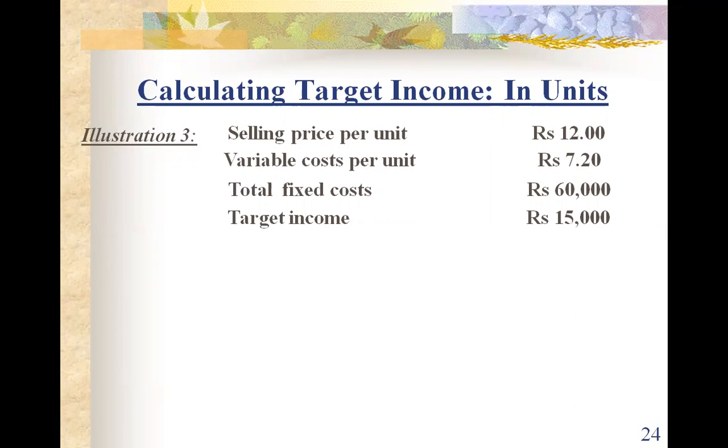If target income is 15,000, then how will we calculate? So we'll apply the formula. The formula is what we already discussed: fixed cost plus target income divided by contribution margin per unit, or contribution margin ratio.